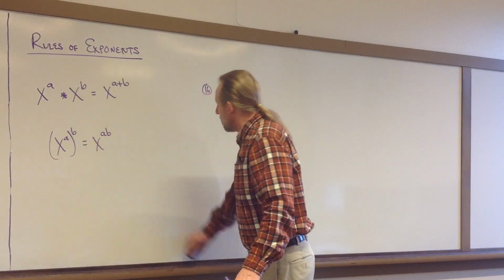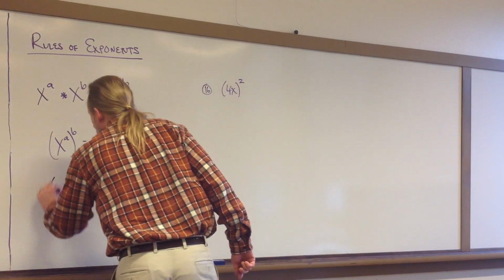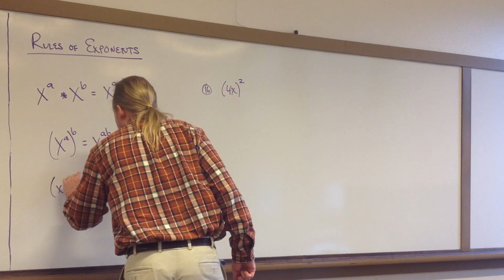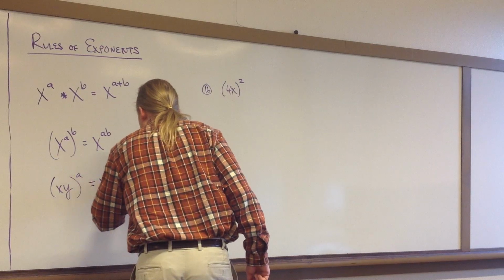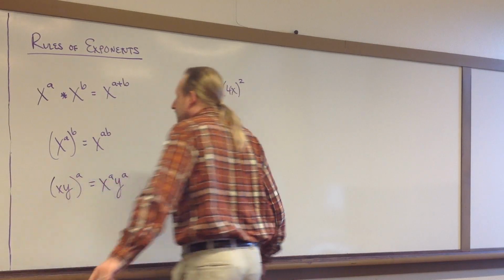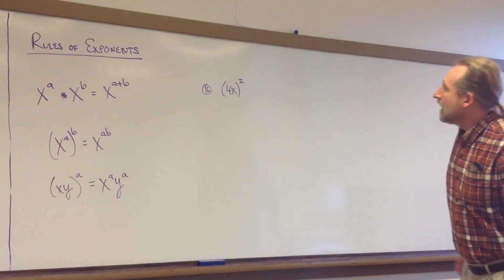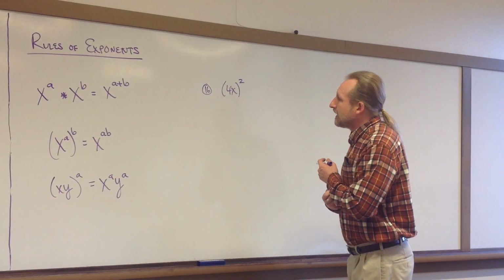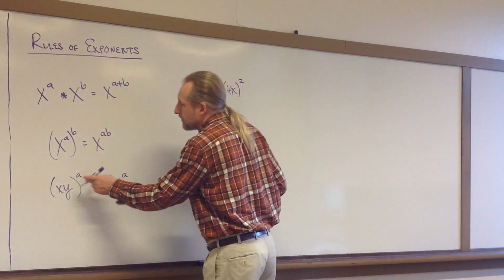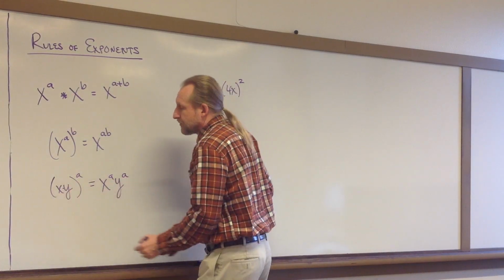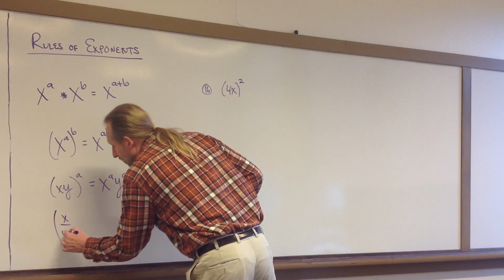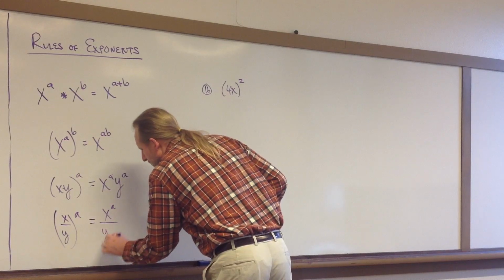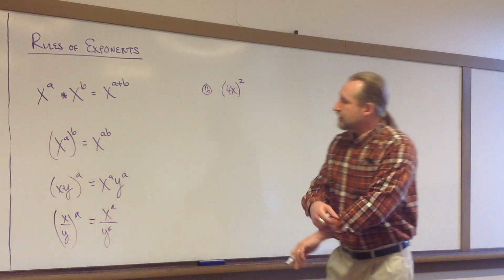Now something that I should probably add, and you will have this when it comes time for the final, is that if you have xy raised to the a power, that's going to be x to the a, y to the a. Okay? This is actually a very important concept: you can distribute an exponent across multiplication, and also when we get into some more problems in another assignment, we can also do that over addition, right?